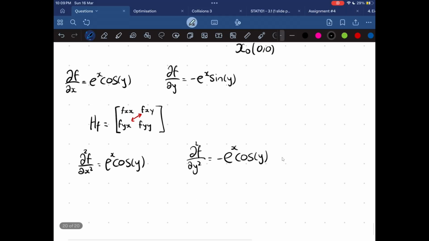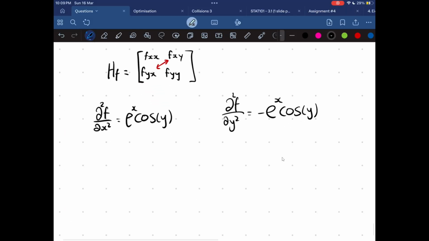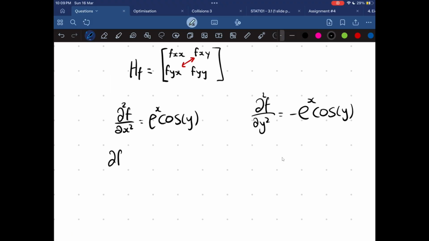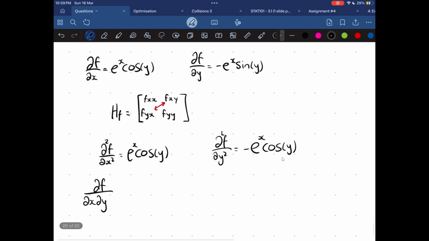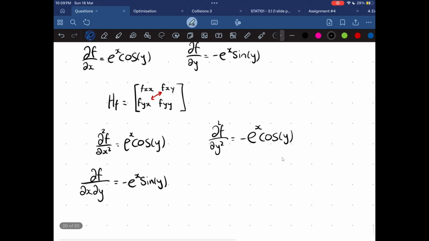And with respect to y, it is negative e to the x cos of y. And then we're going to find the partial derivative of x with respect to y. So in this case, e to the x cos of y is just negative e to the x sine of y. So as you can see in this matrix, there's a lot of symmetry.